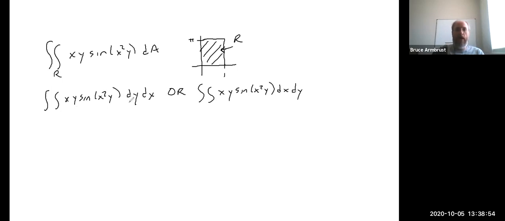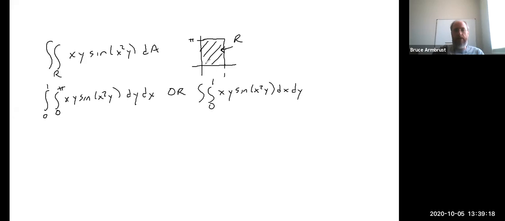So if it's dy dx, integration man is vertical. His feet are on 0, his head is on pi. So 0 to pi. And then the x's are going to range from 0 to 1. So that's what that one would look like. For the other one, dx, now integration man is sideways, his head is on 1. His feet are on 0, so 0, 1.